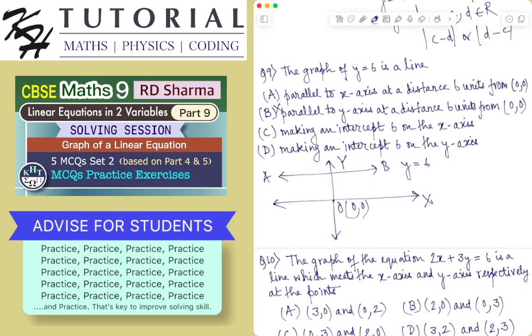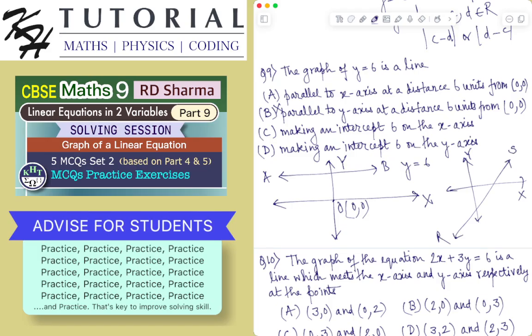Now, what is an intercept? What is meant by an intercept made by a line? Let's say these are the coordinate axes y and x, and there is a line like this, let's say the line RS.